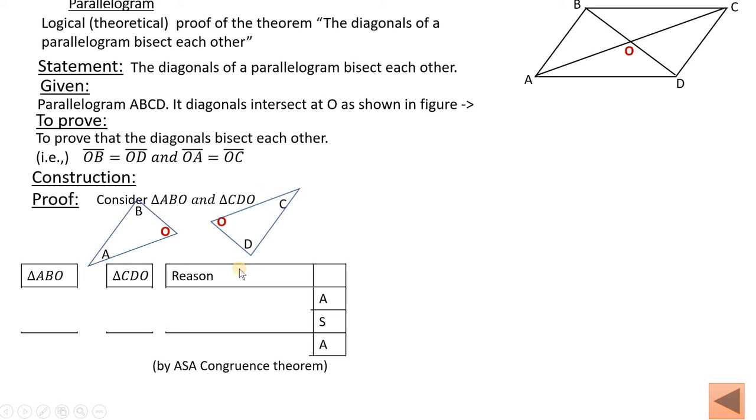This side AB and this side CD. AB is this and CD is this. These two sides are parallel sides, one pair of opposite sides of the parallelogram. So triangle side AB and triangle side CD are basically the pair of opposite sides.